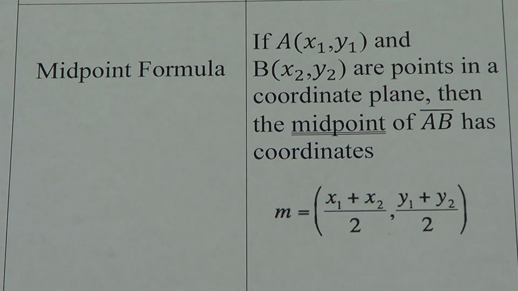Now, there's a couple of ways to find the middle of a segment. If you have a ruler, you can measure the segment and divide it in two, and that will give you the midpoint. But in case you don't have a ruler, we have a formula that we can use. It's called the midpoint formula.